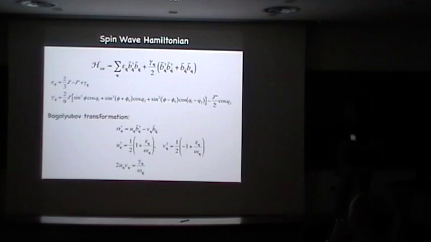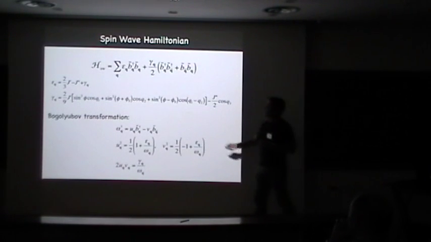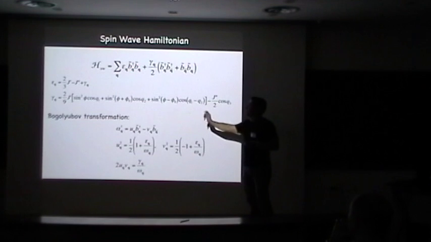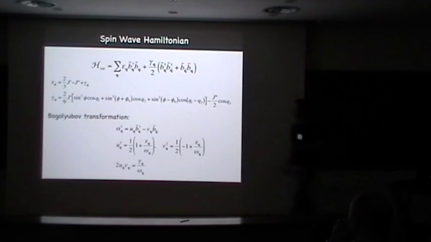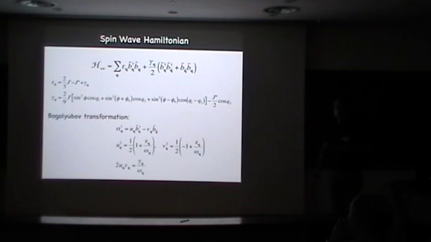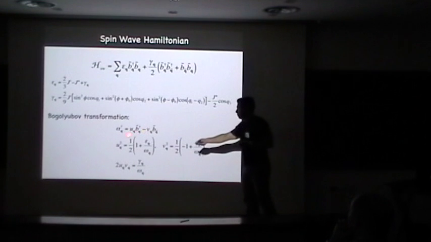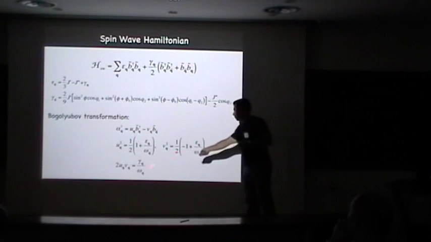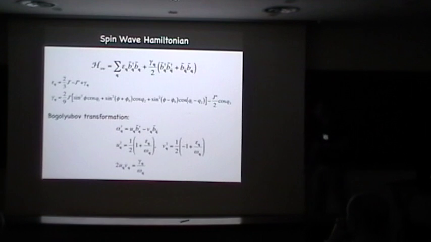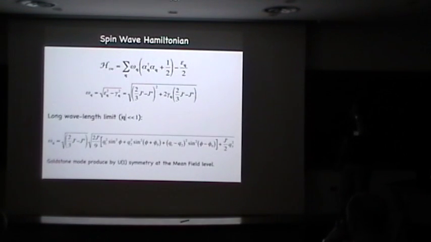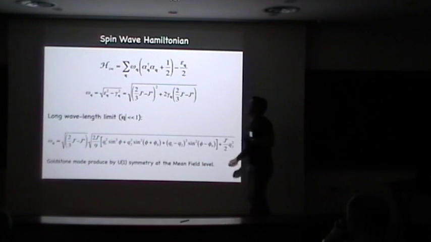Once you do that, you get a much simpler expression, where you have the usual normal terms, the bosonic dispersion, plus the anomalous terms. And this quadratic Hamiltonian can be diagonalized with a simple Bogoliubov transformation, going to new bosonic operators, where the coefficients u_q and v_q are given by these expressions. So by doing that, you end up with this diagonal form of the spin wave Hamiltonian.